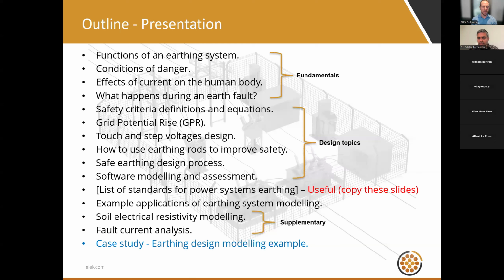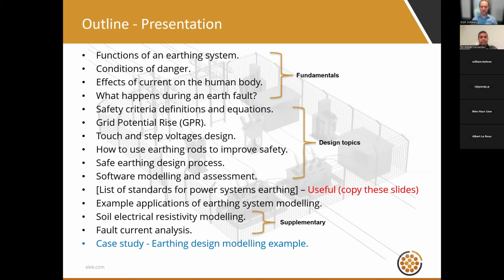I'll talk about the safe earthing design process, software modeling and assessment, how that should be done. I'll provide a pretty comprehensive list of standards for power system earthing. This was developed through my own experience over many years and should be a good reference for you.